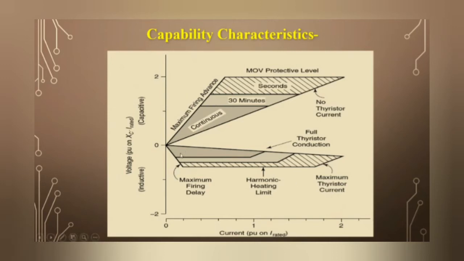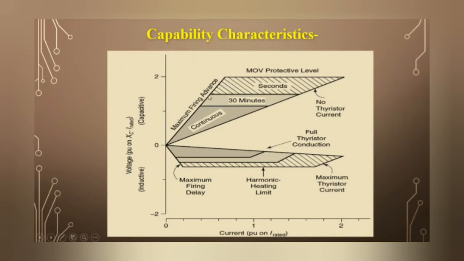As the line current increases, the TCSC voltage increases up to the maximum point.